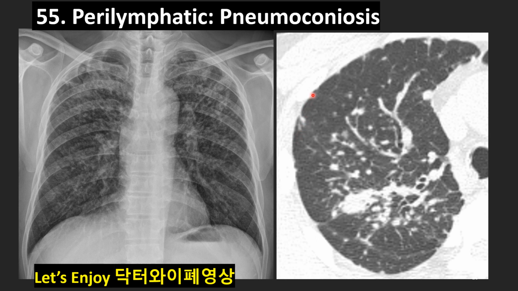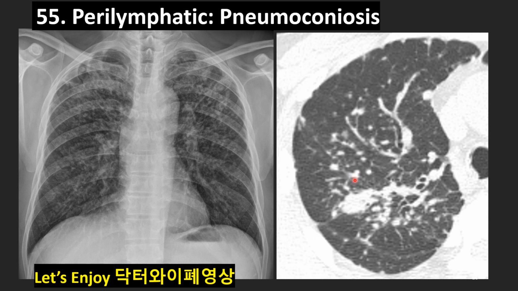Do we see pleural nodules? Pleural micronodules? Yes, we see pleural micronodules, fissural micronodules also, and the micronodules are more coarse and larger than the sarcoidosis. And along this bronchovascular bundle, there are also micronodules.